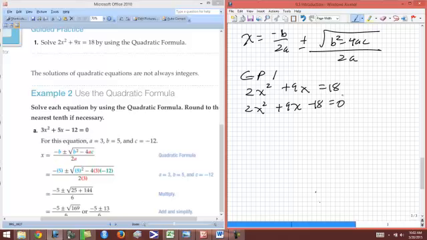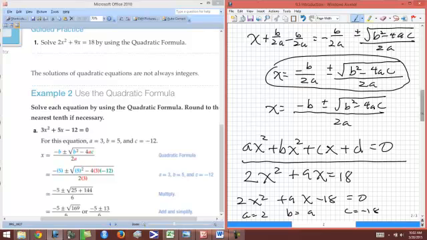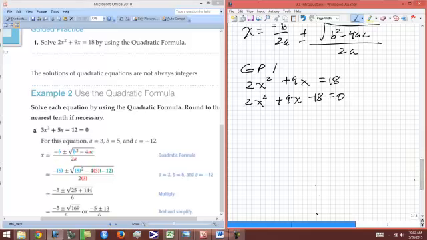And so we want to look at, can we factor it? So we're going to take 2 times negative 18, a times c, which is negative 36. And so we're going to look for factor pairs of negative 36 that combine to equal 9.